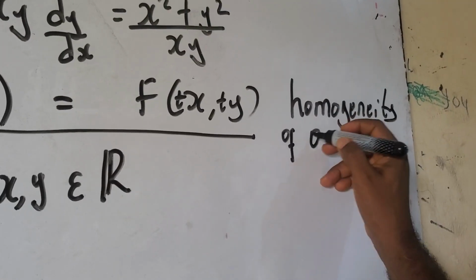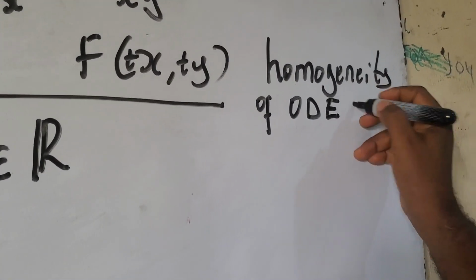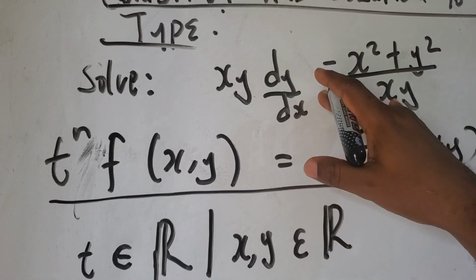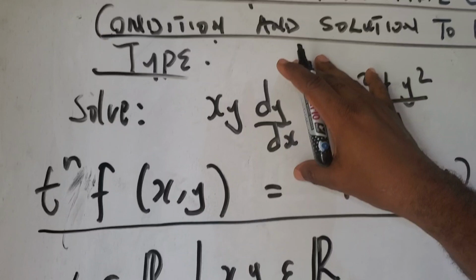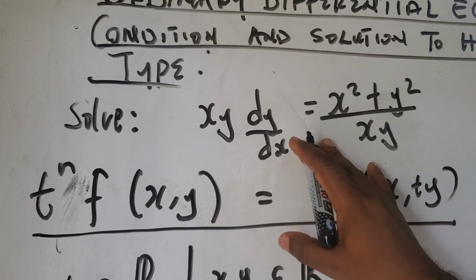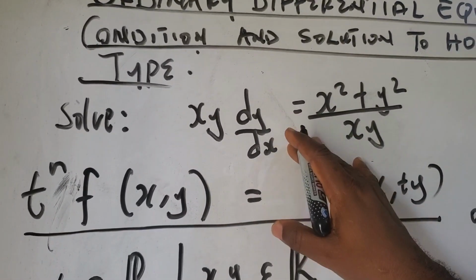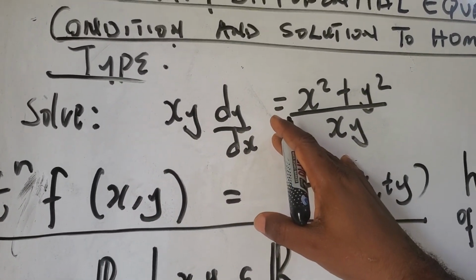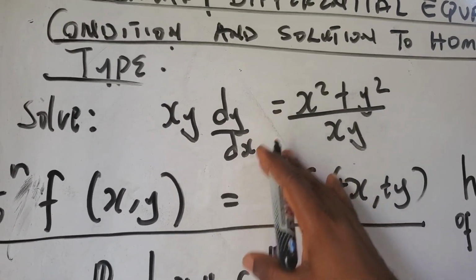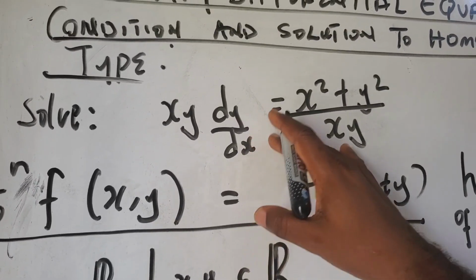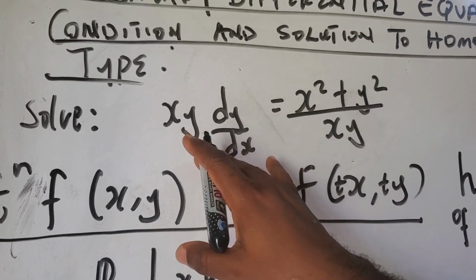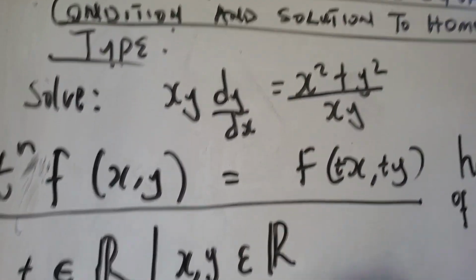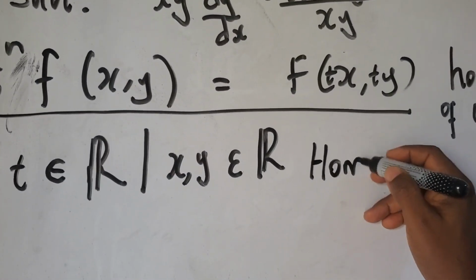of ordinary differential equation. Now, for instance, if you look at this question here, the method called separable variable is not applicable in the sense that we cannot separate variable y from variable x. So another method that we need to consider is to test whether this particular problem can be solved using the homogeneous method.